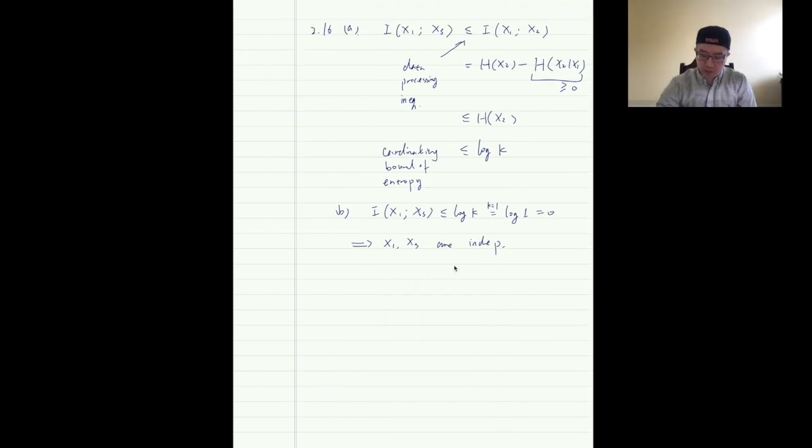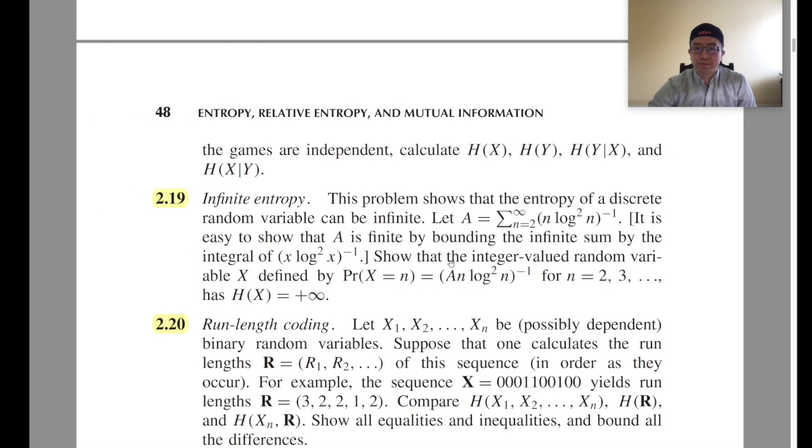Okay, let's try to compute that. Maybe we'll start a new page. So this is 2.19, and it's just computation. We compute the formula, the sum of Pn log Pn. Here n starts from 2, so the summation is from 2.